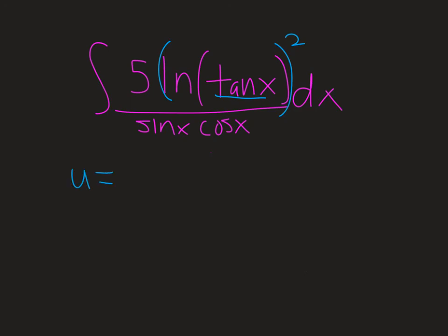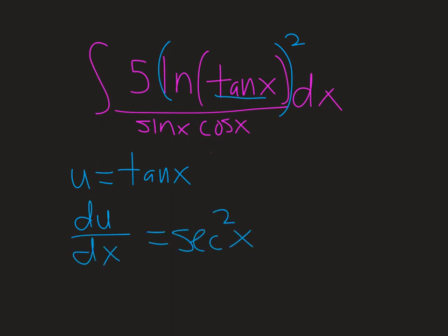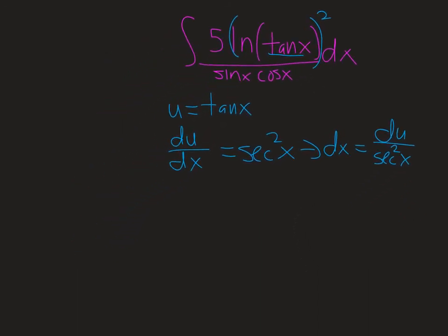Suppose I have u as the tangent of x. So that means du dx is secant squared x, which means that dx is du over secant squared x. You guys are like, this is terrifying, I don't like this. It'll be okay.